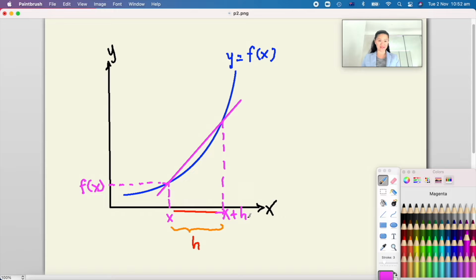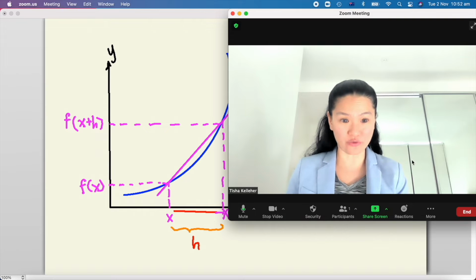Does that make sense? So at this point, if our x is x plus h, our y has to be f(x plus h). Does that make sense for you?